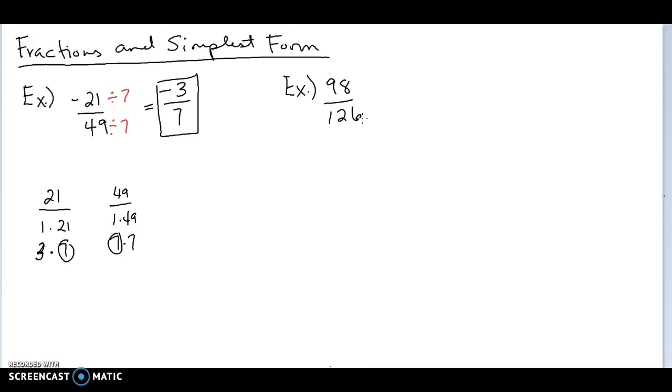What I can do is say, alright, well 98 and 126 are both even numbers. So if they're both even numbers, that means that they are at least divisible by 2. So we'll start there. I'm going to divide both things by 2. So if we do 98 divided by 2, we are going to end up with 49. And if we do 126 divided by 2, we end up with 63.